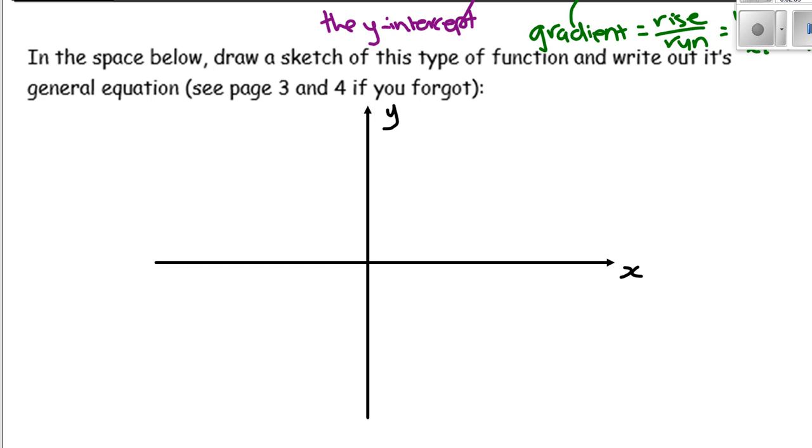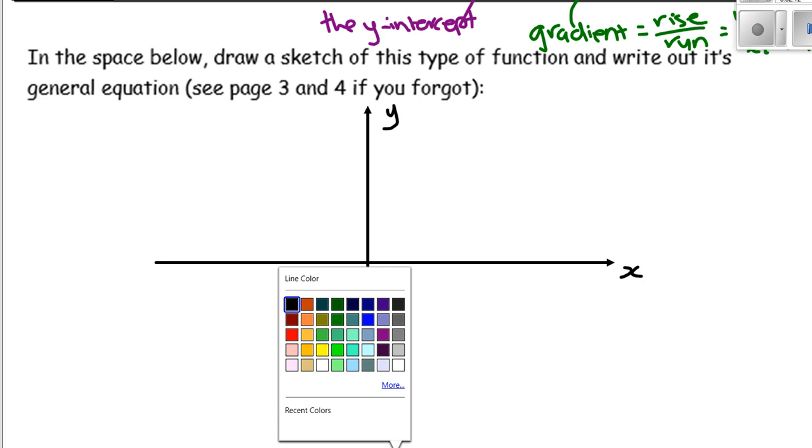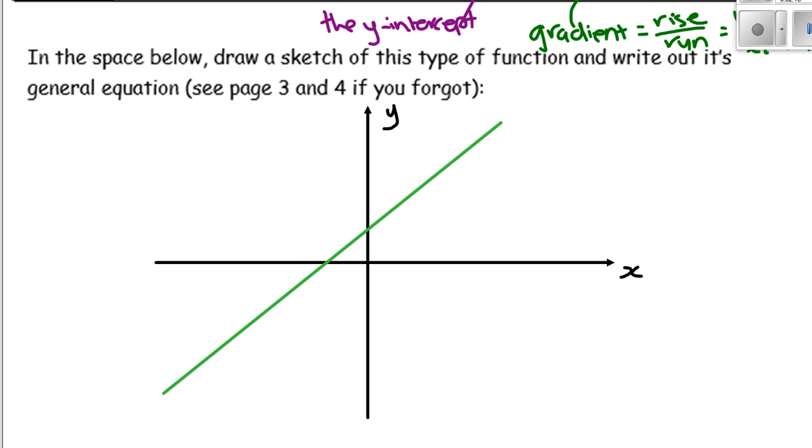Now, for a linear function you could draw a straight line. If it had a positive gradient and a positive y-intercept, it could be something like this. That's totally fine. Alternatively, you could do one with a negative gradient and a positive y-intercept, which would look like this.